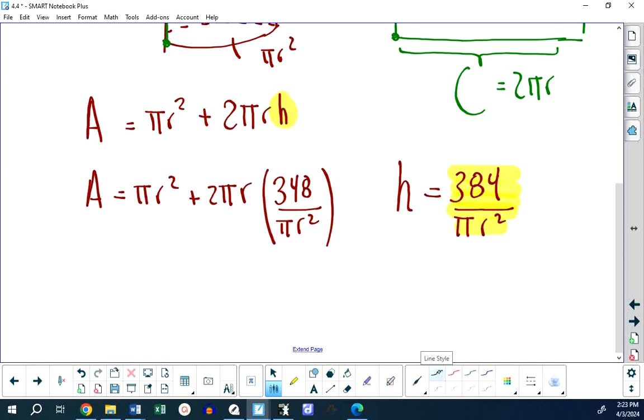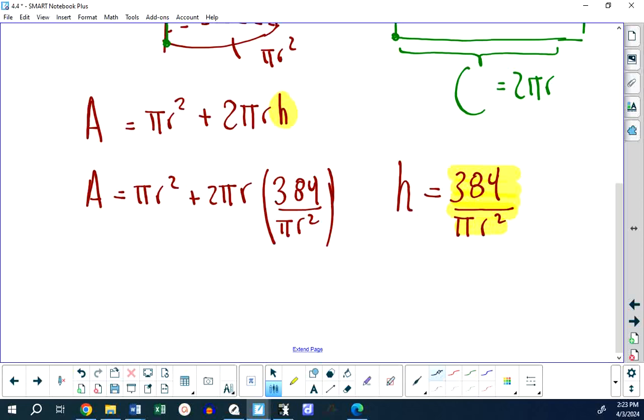I really hope that it's just become natural that any time, whether it's related rates or max-min, you develop your function that needs to be differentiated, that you say, can I simplify it to make my job easier, right? And clearly we have pi on pi here in the second term. We have r on r squared. We've got 2 times 384.